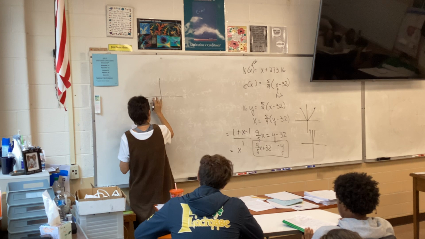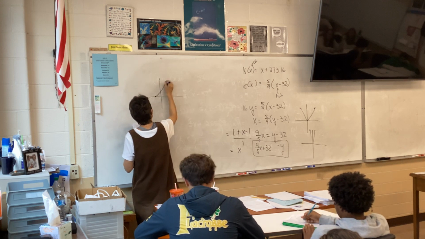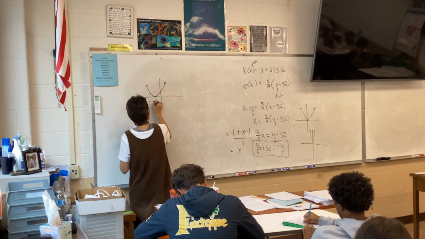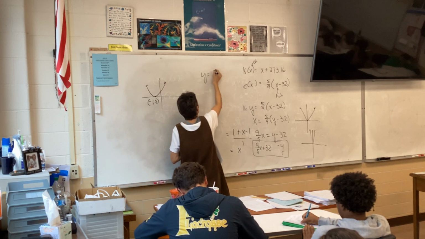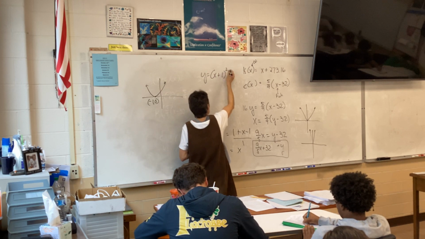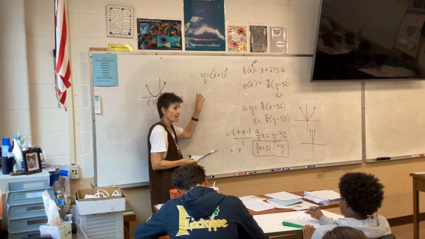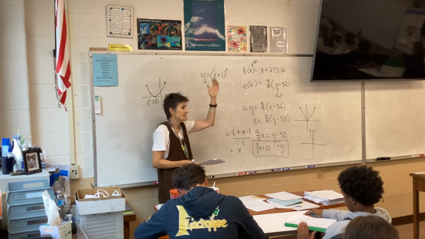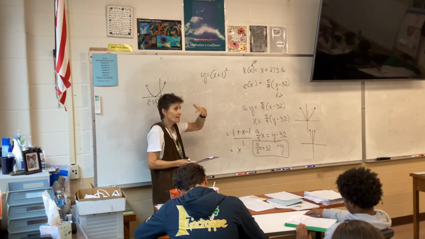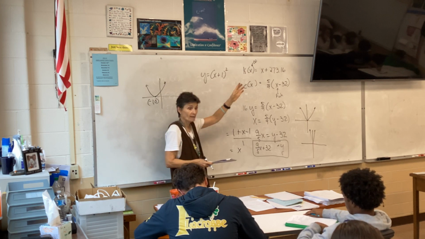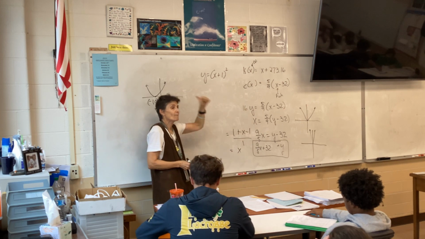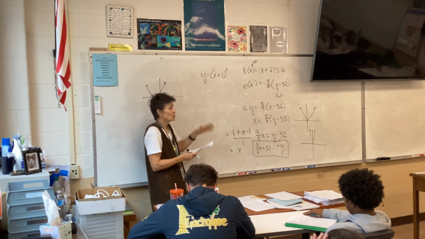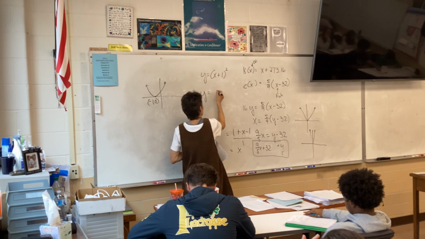So this guy is over here at negative 1. Remember, whatever's happening with x, it's always the opposite of what you think. So when you see x plus 1, you think, oh, I'm gonna go over 1. Well, you're not. You're going back 1.